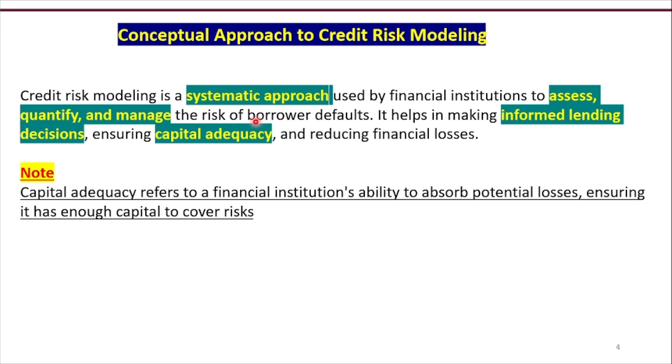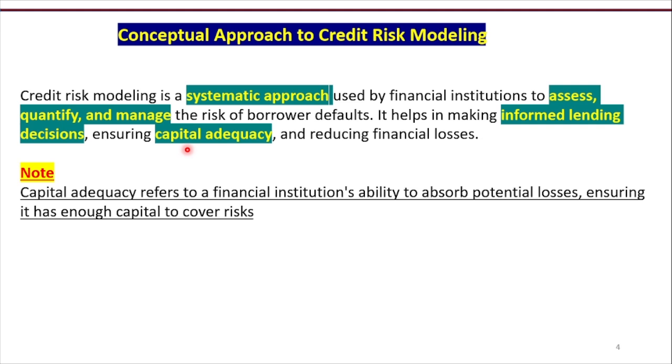Why are we using this? For knowing the risk of the borrower. What are the advantages? It helps in making informed lending decisions. With the help of this, we are making the decisions, and ensuring capital adequacy.